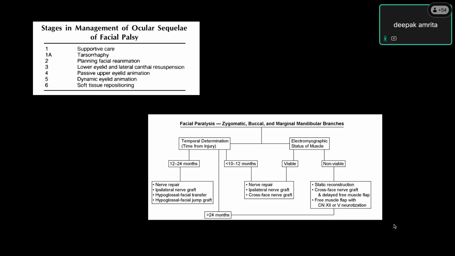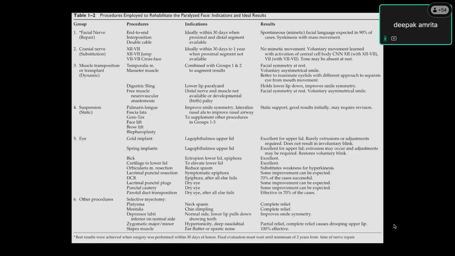If it is less than a year, you can follow the same principles of nerve graft. But this is if you know the electromyographic status of the muscle and it's viable, you can do all of these things. But if it's non-viable, you straight away go and start doing a free functioning muscle transfer.